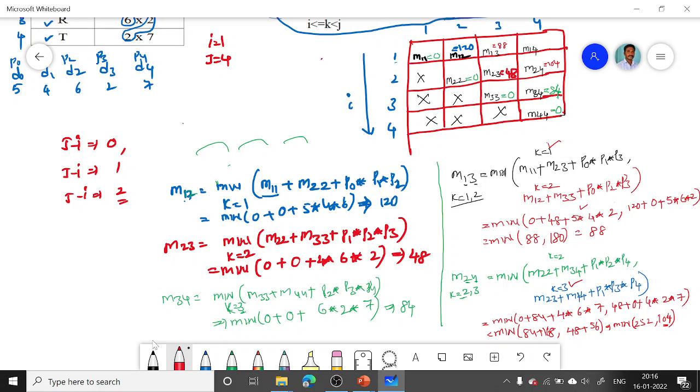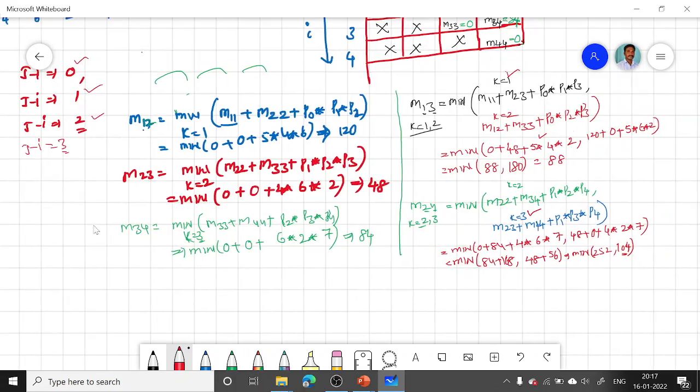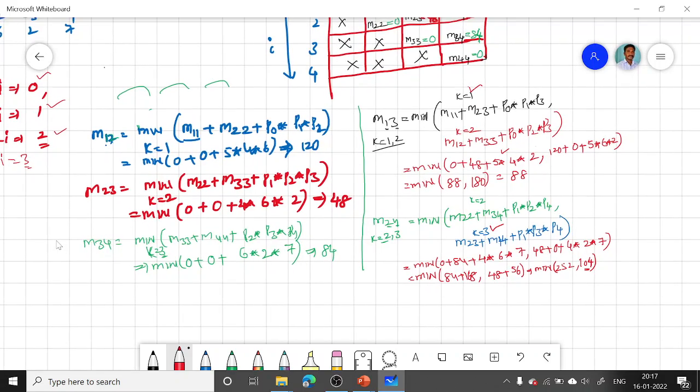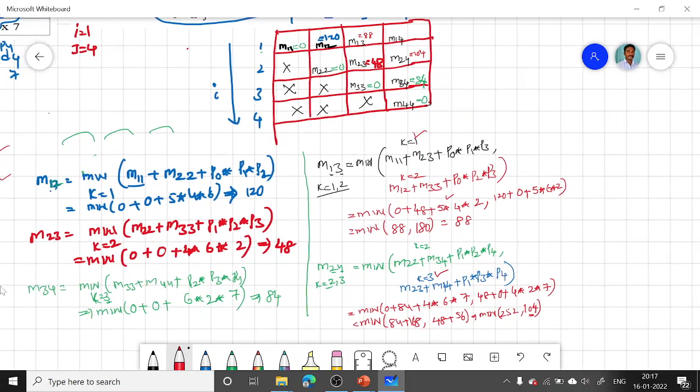So now with the difference 0 we completed, difference 1 also completed, difference 2 also completed, but finally we have J minus 1 with the difference 3. The reason is 1 4, that is the last cell we have. So M of 1 4.